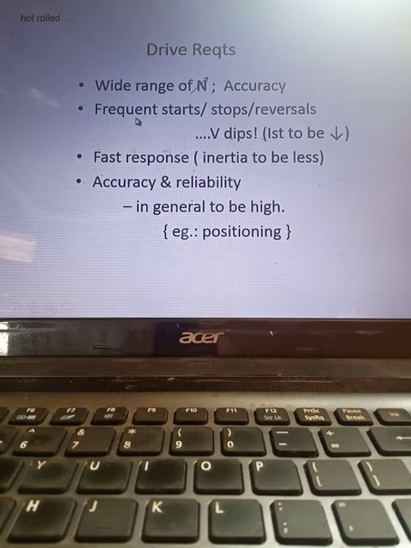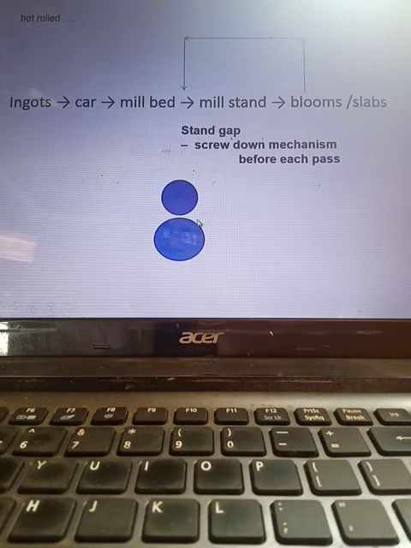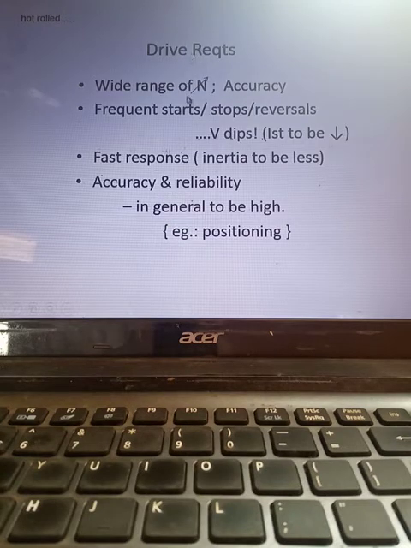And we require frequent starts, stops and reversals. Start, forward, stop, reverse, run, stop, reverse, run, stop, reverse, run. Like this, we have multiple starts, stops and reversals. That's a very important thing to be observed. When the process is like that, obviously at each start there will be a voltage dip, and associated with that there will be a very high starting current.